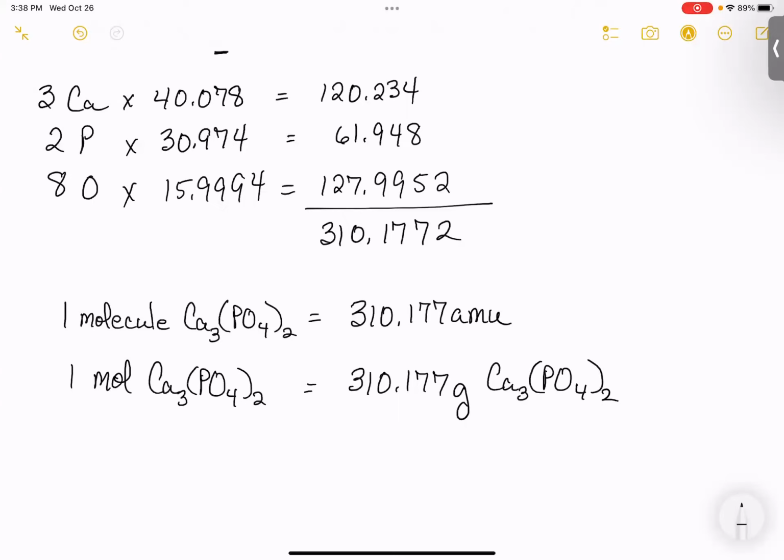It all depends upon what periodic table you use. Some of them only have 2 decimal places. This one, most of them are to 3 decimal places, but not even all of them are on here to 3. So it's really dependent upon what periodic table you're using. And since I can't read those numbers over there, I went with what I could.